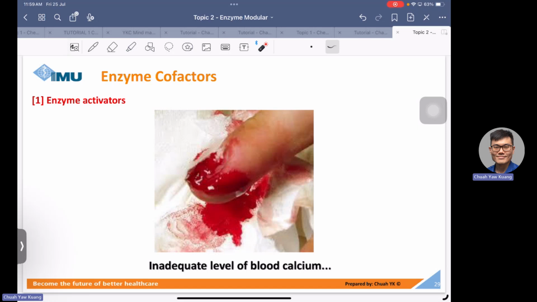If in 3 minutes' time the blood is still flushing out, then that means you have some problem with your blood clotting mechanism, and you need to check in the hospital. Unless you cut an artery, that's a different story. A cut artery won't stop.